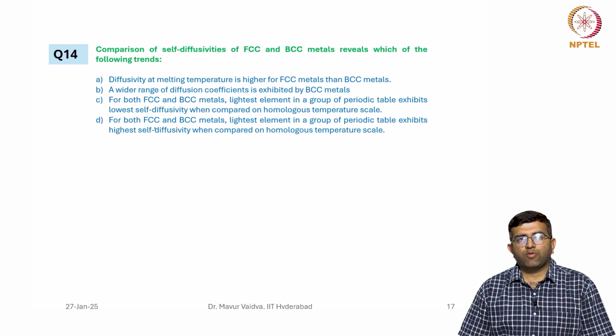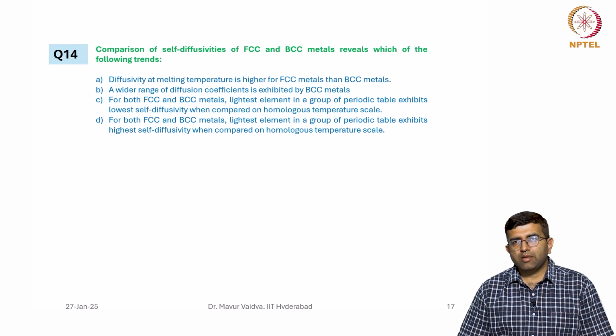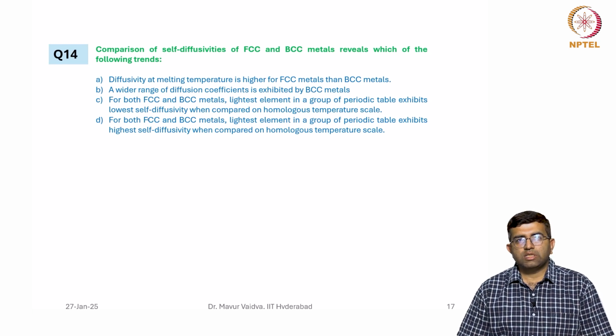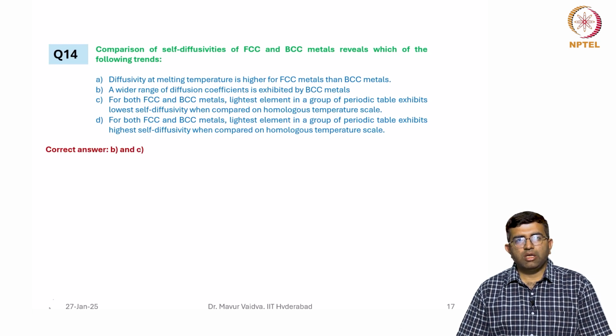Option D, for both FCC and BCC metals, lightest element in a group of periodic table exhibits highest self diffusivity, is not correct. It is the C option, the lowest diffusivity is exhibited by the lightest element. So, the correct options are B and C.